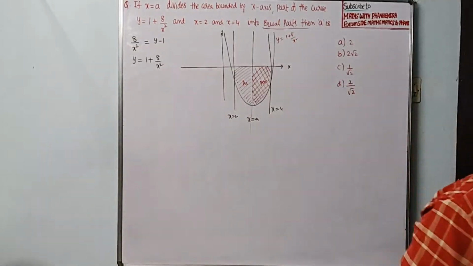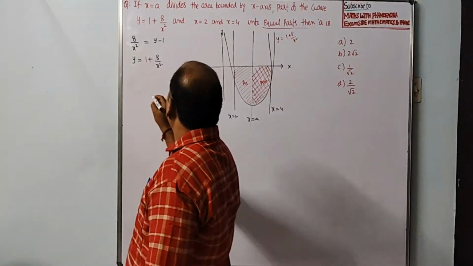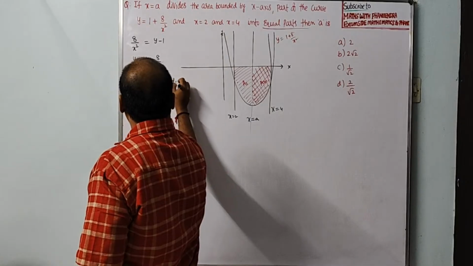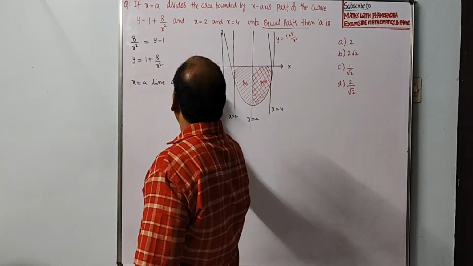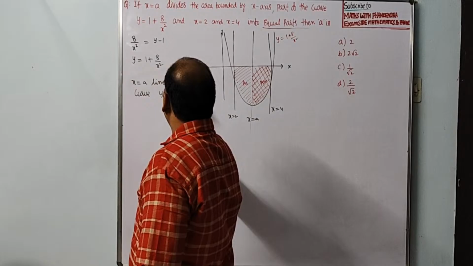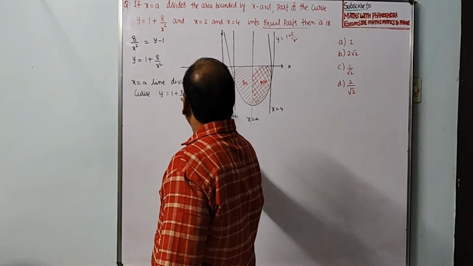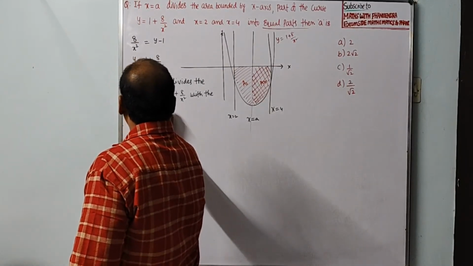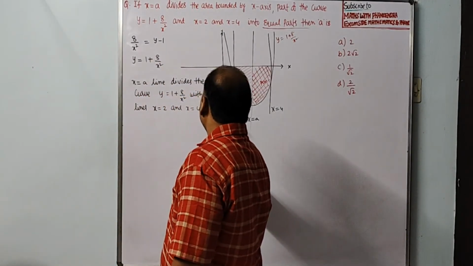So that means x is equal to a line divides the curve y equal to 1 plus 8 by x square with the lines x equal to 2 and x equal to 4 into equal parts.